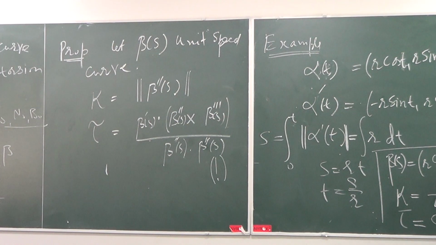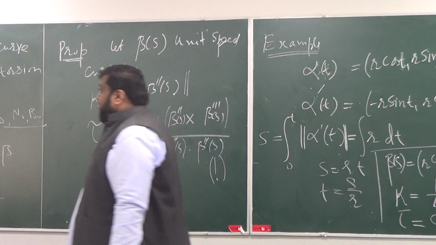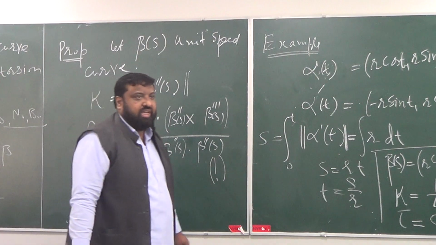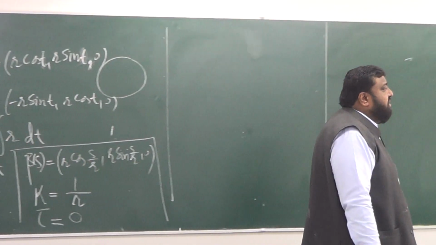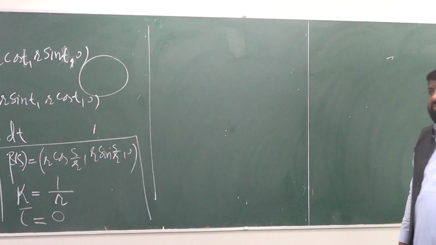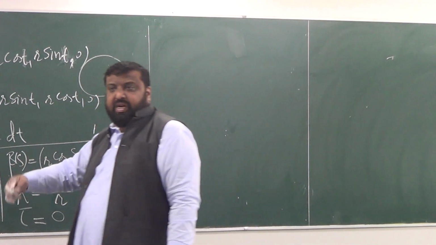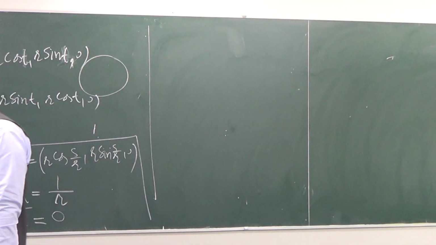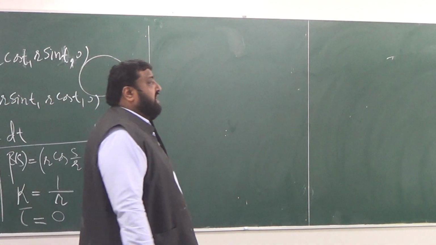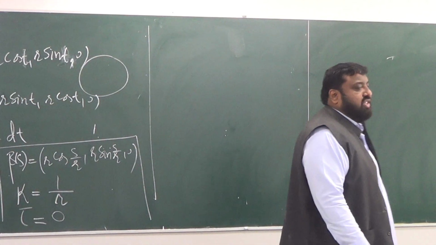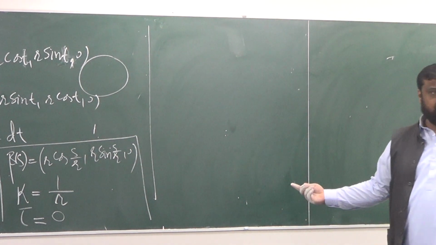That's a little proposition, but maybe something important from a physical point of view. If I treat alpha of t as a curve traced by the motion of a particle, or a particle moving along that curve, you can ask what would be the velocity of that particle in terms of this Frenet-Serret apparatus.